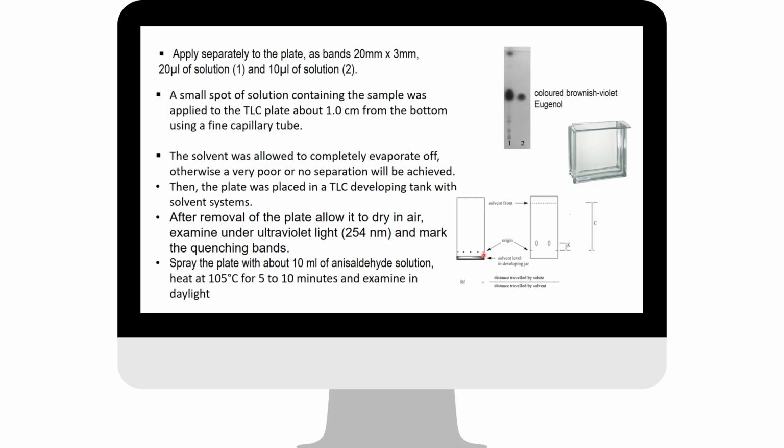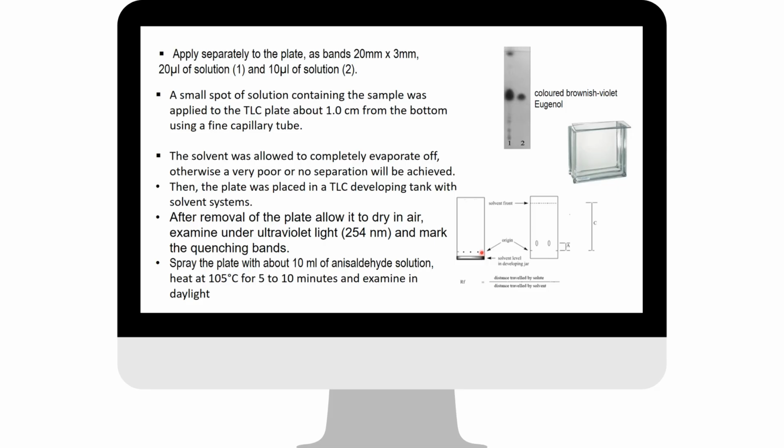If you put it less than 1 centimeter, the spot can dissolve in the mobile phase. So it should be 1 centimeter above the baseline. After putting the test sample as well as the standard sample, keep it for a few minutes to get it dry. It is also important.